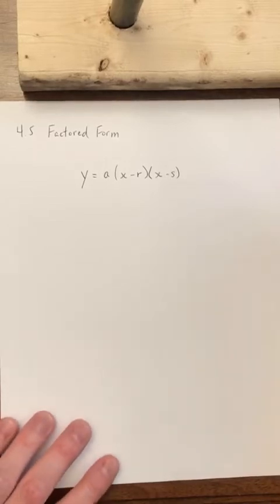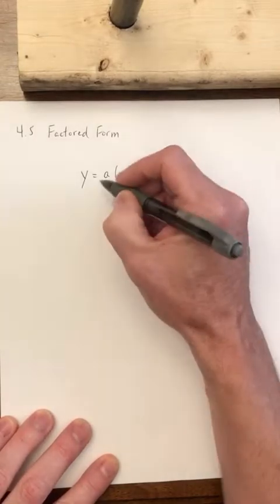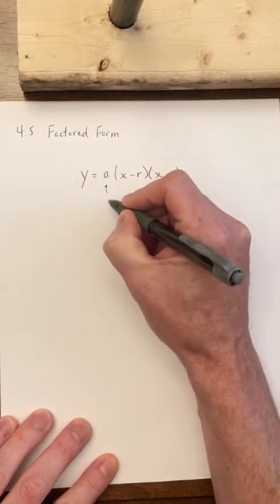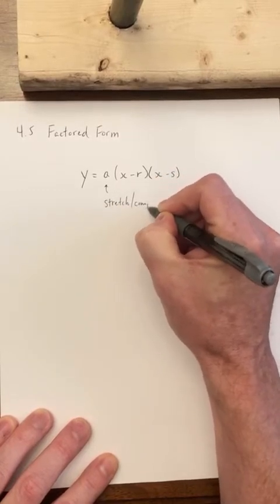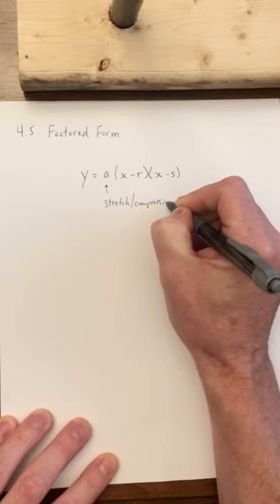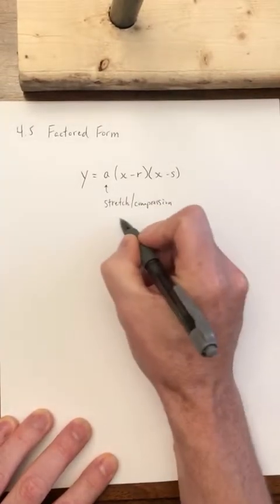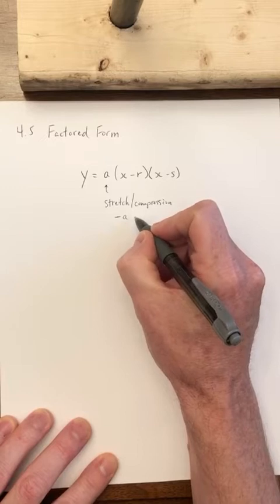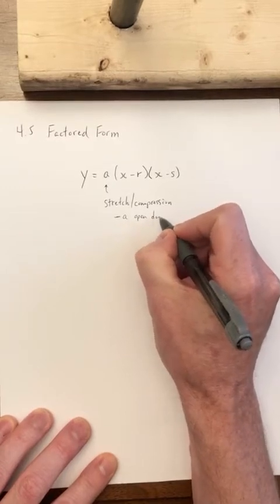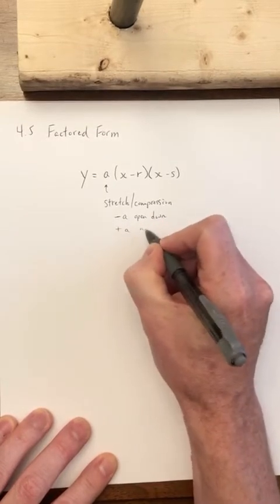Just to go over what some of this means, A is still your stretch or your compression. And if it's a minus A, like before, that would open down, where a plus A opens up.